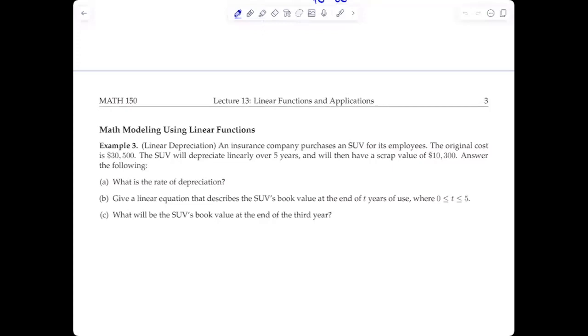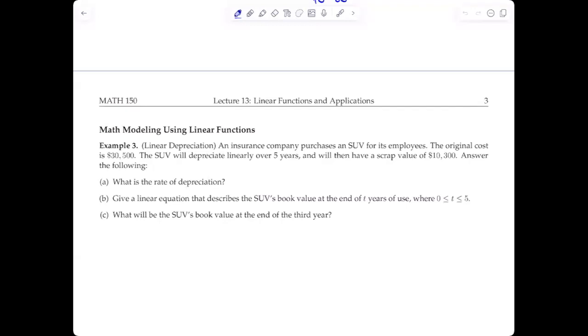Okay, what is the rate of depreciation? And then from there, can you find a linear equation that describes the book value at the end of t years for t between 0 and 5? And then at the end, using the information from part B, can you calculate the book value at the end of the 3rd year? Okay.